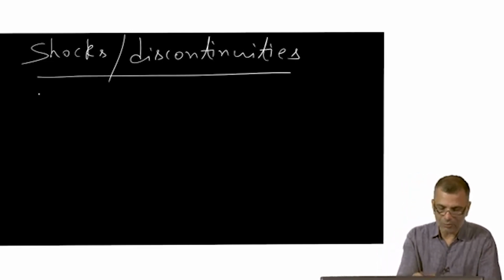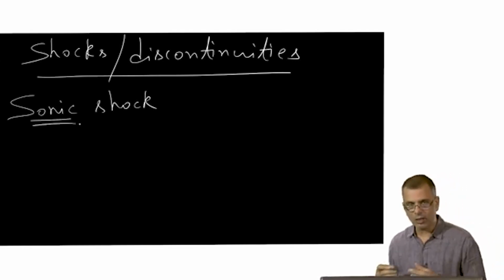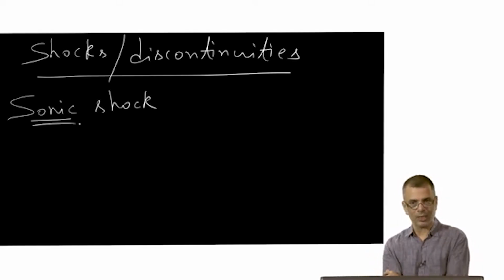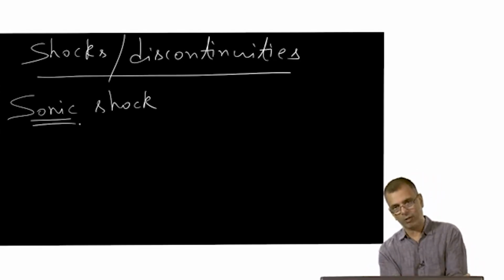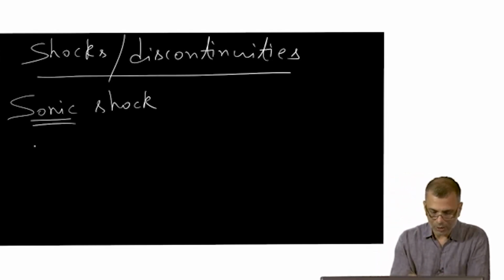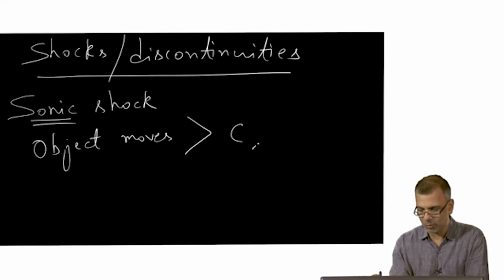A sonic shock arises from a situation where a piston or a driver or some object exceeds the speed of sound, and that can lead to nonlinear steepening and the formation of a shock. This can happen when an object moves at a speed greater than the sound speed.